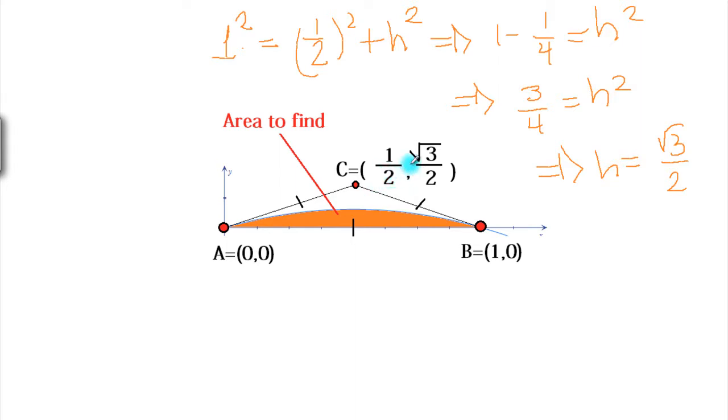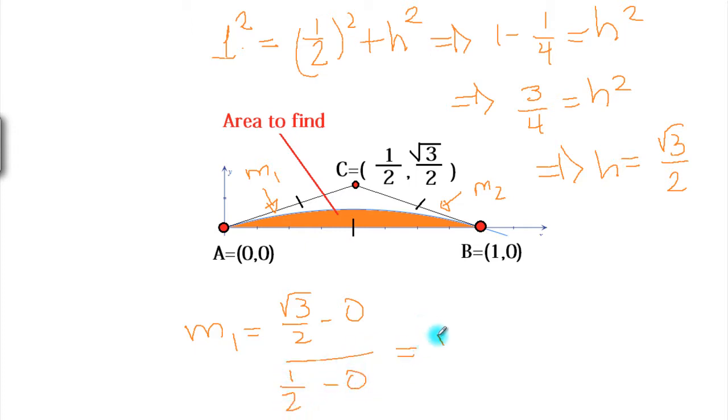Now that we have that point, we can find the slope of these two lines. Let's call this slope M1, and let's call this slope M2. So M1, by the slope formula, is (square root of 3 over 2 minus 0) over (1/2 minus 0), which is just square root of 3.